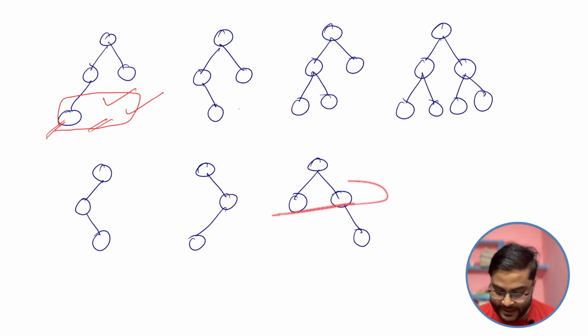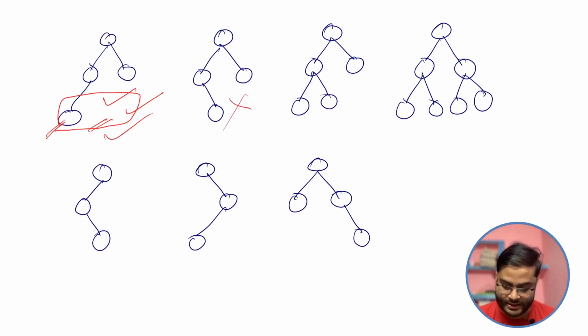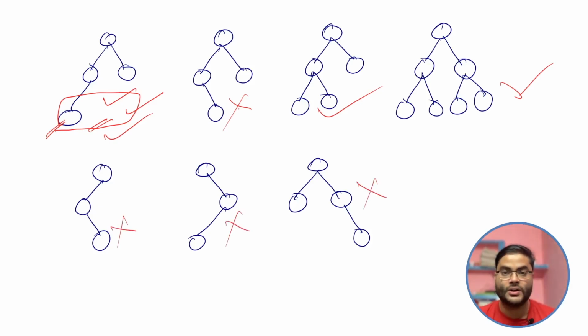Because this level is completely filled, but here we have not filled this. So first we will fill this, then this, then this, then only we can fill this. So this is a complete binary tree, this is not, this is not, this is not. Okay, so we have understood what is a complete binary tree.